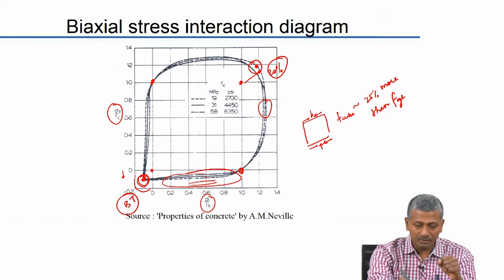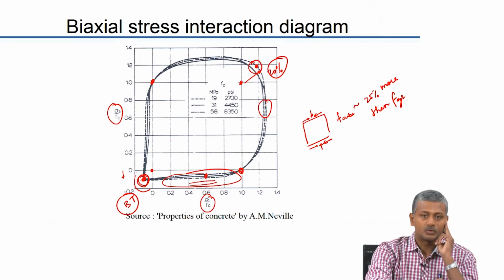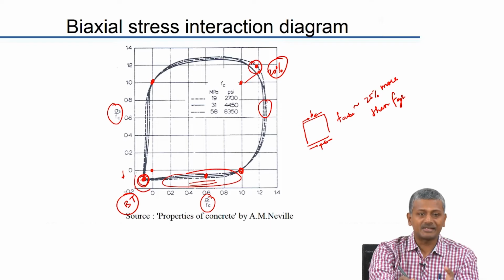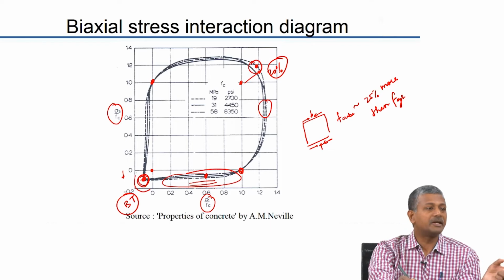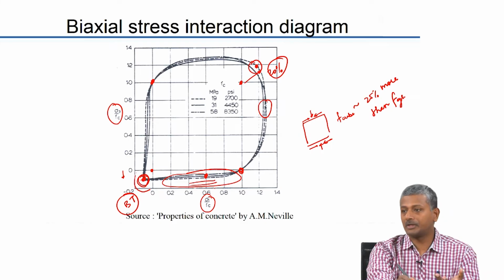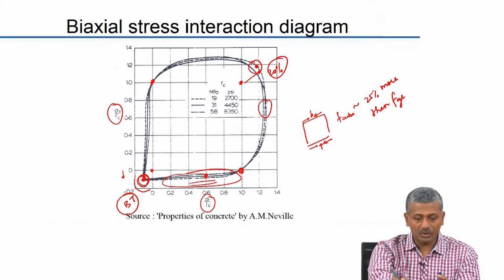So, what is the strength value here? What is the stress value here? 60% compression and about 10% in the tension phase. What this indicates is that if I have a stress level of more than 60% in compression with my tension being 10% of my compressive strength, I will get failure of the material. Between 0 and 10% of your compressive stress is the total tensile stress.